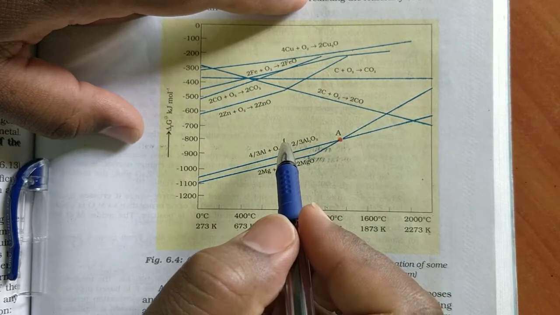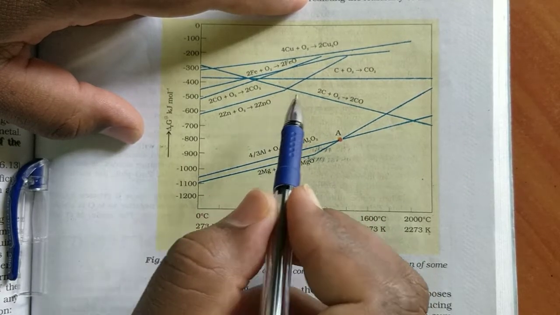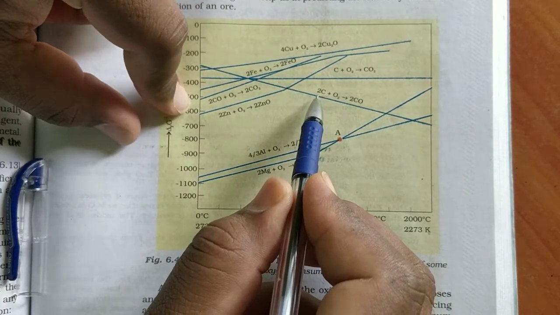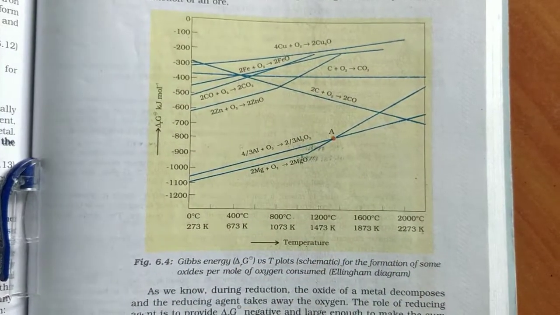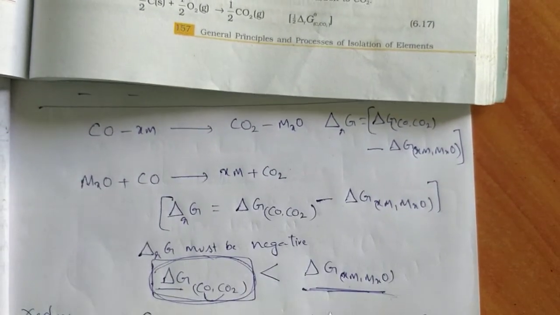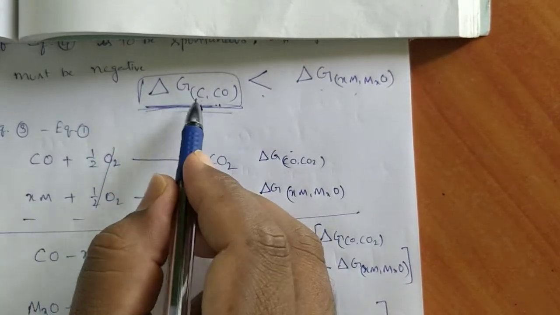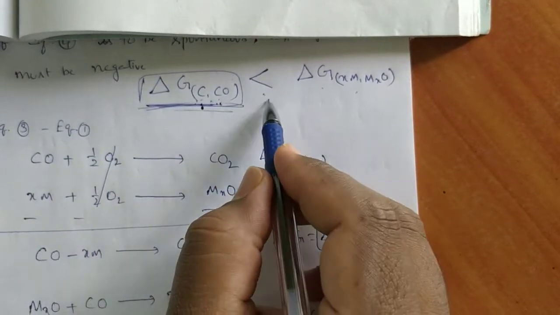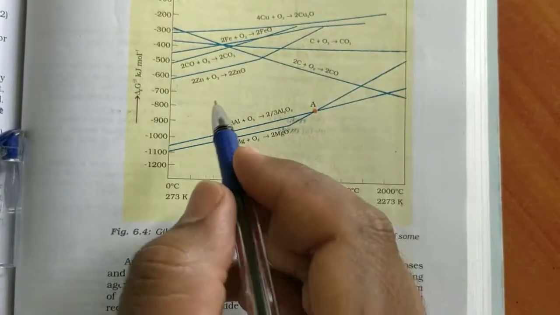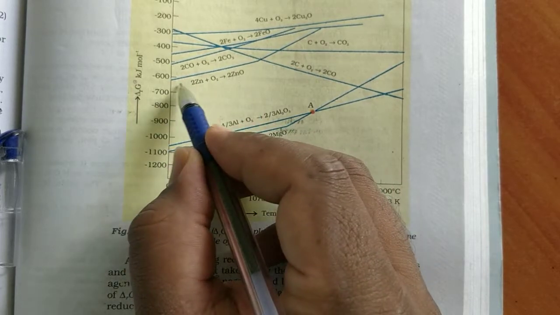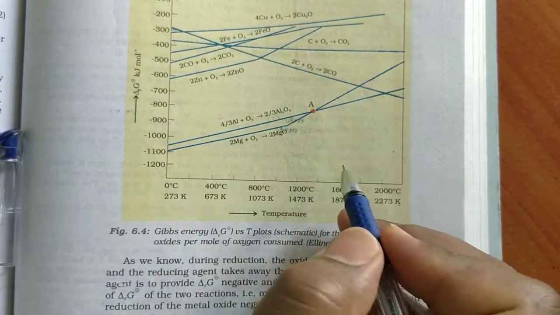Now again I am mentioning the point: I want to select carbon as the reducing agent for zinc. Then the carbon Gibbs energy delta G must be lower than zinc. That is what we concluded here. Whenever we take a reducing agent, see carbon, the delta G of carbon to carbon monoxide must be lower than the delta G of XM to MXO. The Zn to ZnO line must be above compared to carbon, C to CO. Is it right?